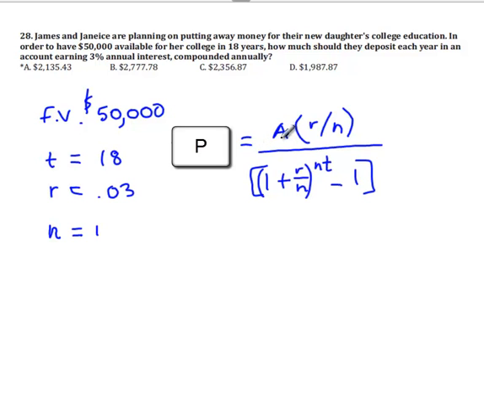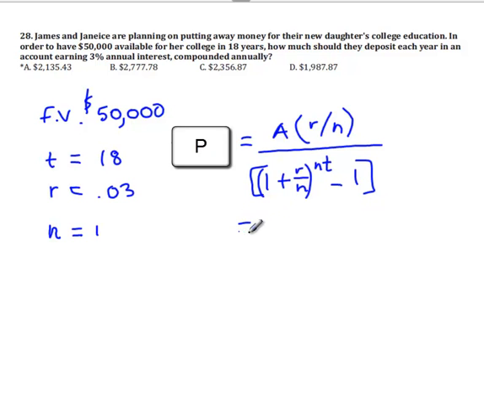The amount you would like to have times the rate divided by the number of compounding periods, divided by, in brackets, parentheses 1 plus r over n to the nt, subtract 1, close your brackets.